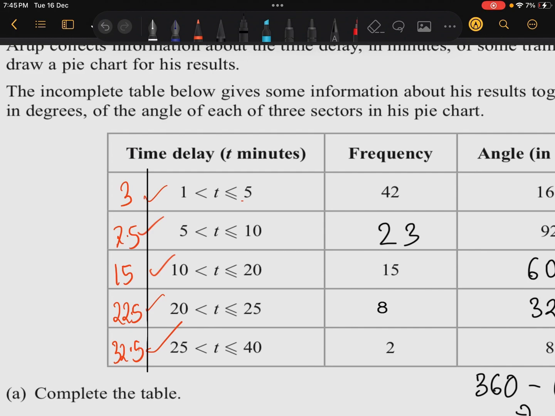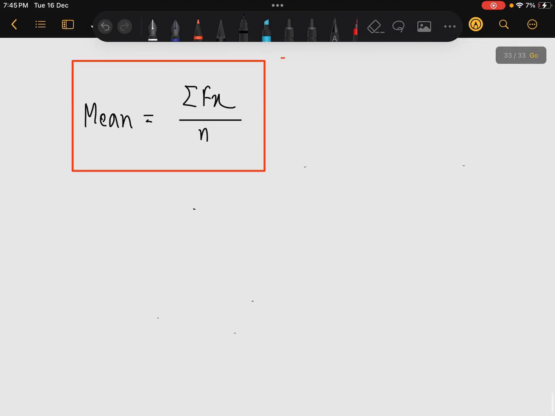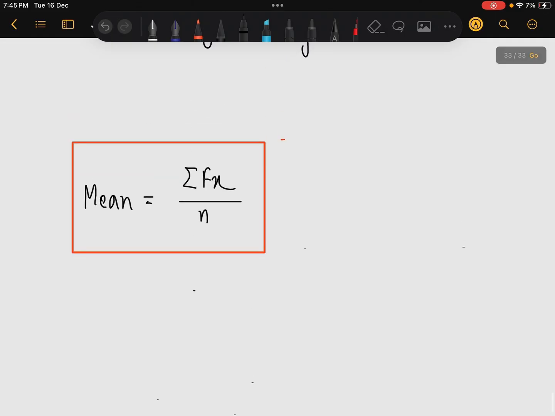For example, the first is 3 multiplied with 42, and then you add 7.5 into 23, and then respectively all the classes and their midpoints multiplied with frequency. And the n here represents the total number of trains. So we divide by the total number of trains to calculate the mean.